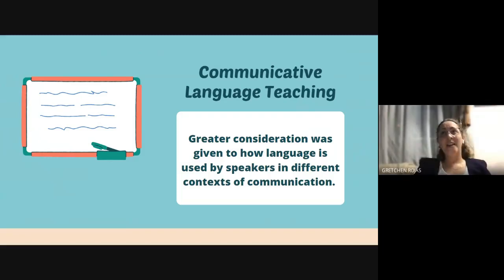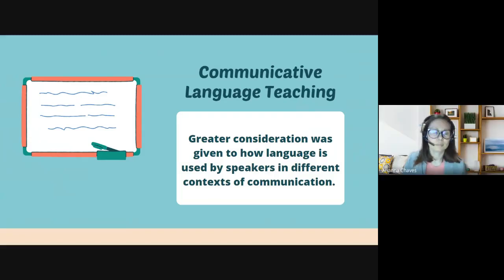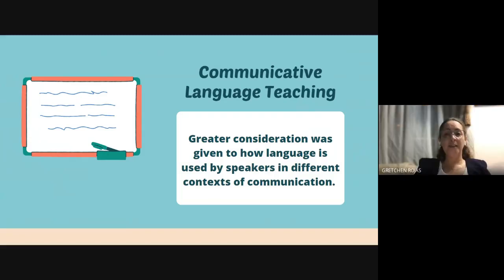Actually, it was. And I wasn't aware of it until, let's say, a couple of years ago, that they had the notional syllabus. It was proposed by Wilkins, and it contained three kinds of categories of meaning. One was the semantic grammatical meaning, then the modal meaning, and the communicative function.